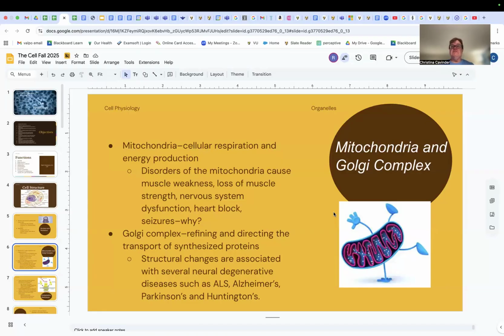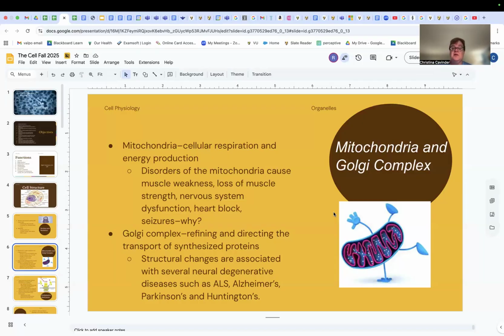So we know how the amino acids attach to the DNA. So if your protein is not being absorbed properly, made properly, these can all cause diseases. So it's very important to our bodies with the proteins. So the Golgi complex refines and directs the transport of proteins when we make them. There are some structural changes to the Golgi complex that cause different types of diseases.